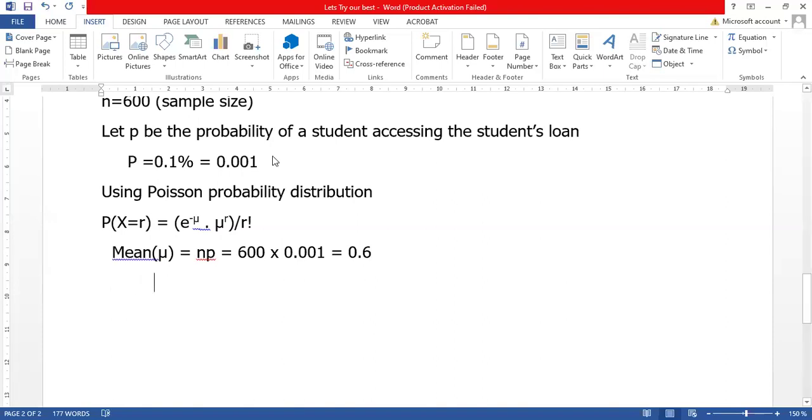Which probability are we looking at? The probability of X is equal to 2. Exactly 2. So if they say exactly 2, you use equal signs.